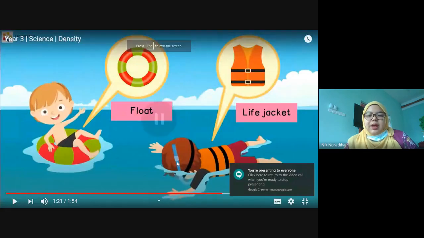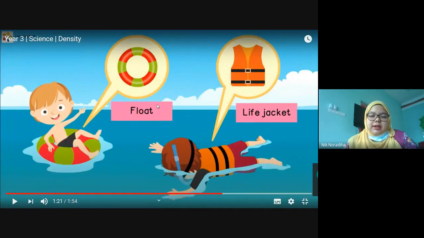All right. So what you are seeing on your screen now is the application of density. Application means we use that concept. But just now, we already looked at how things float and sink in water. We humans, what do you think?